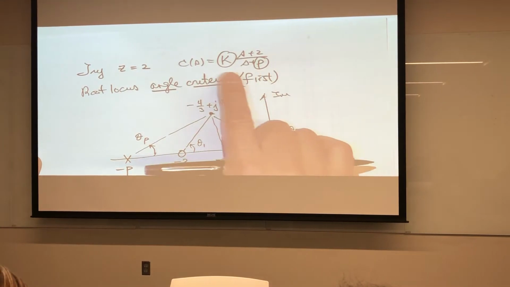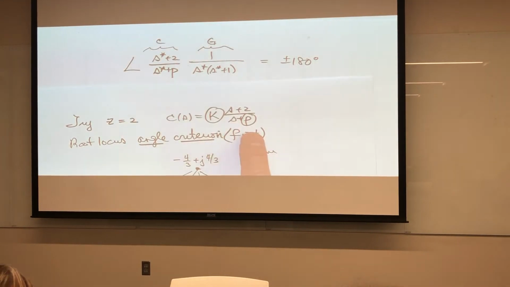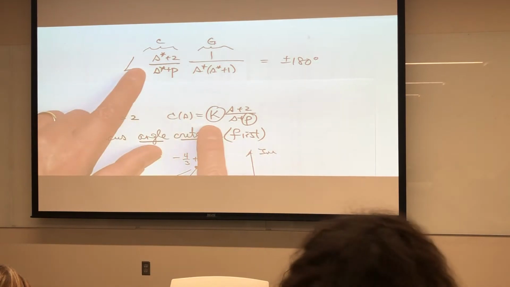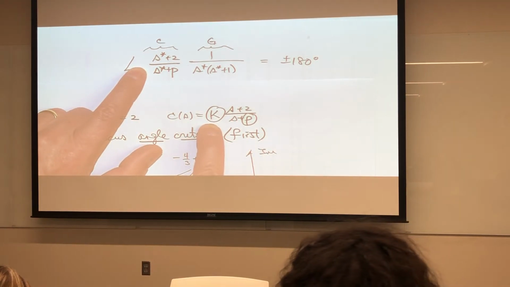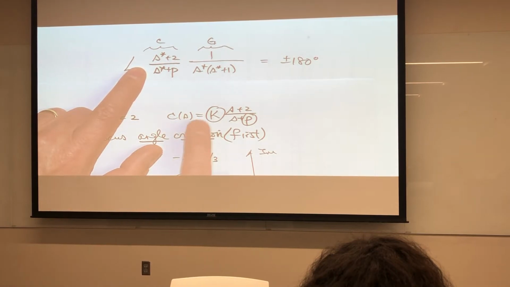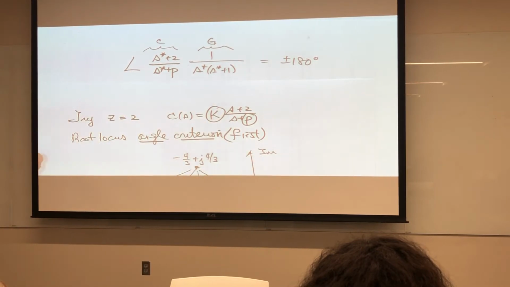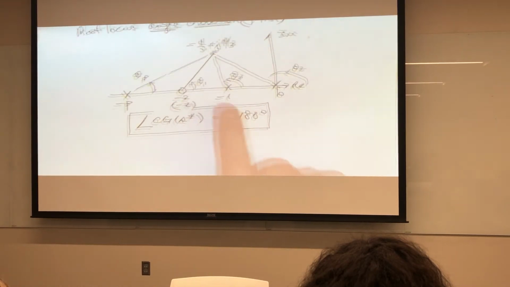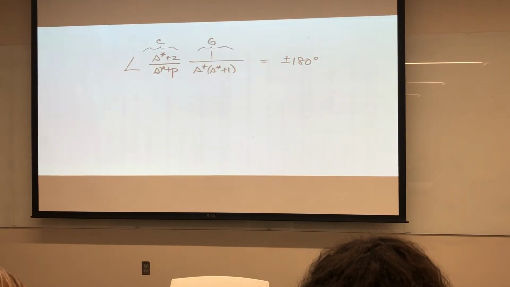Notice I didn't write K. Why did I not write K? Because K is going to be a positive number. Its angle is 0 degrees, so let's make my life easier and just drop it.